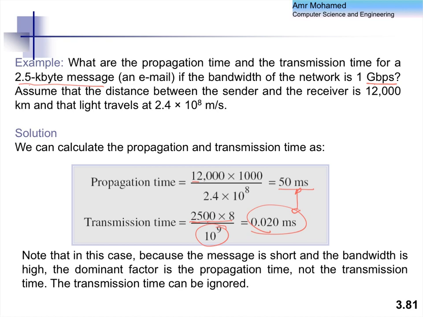All right? So the bottleneck is sometimes the propagation delay, if we're talking about submarine communication or underwater communication for a long time, or maybe the bottleneck would be the transmission line if we're talking about LANs. If we're talking about LANs, usually we neglect the propagation delay and we calculate the transmission delay.